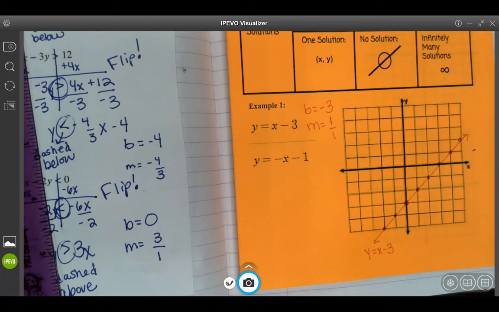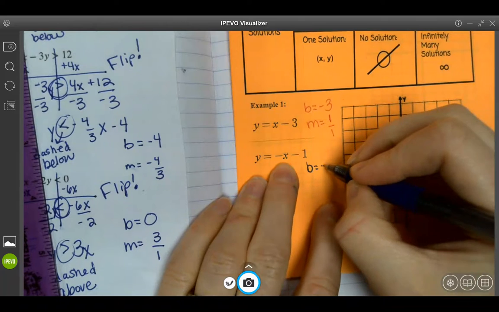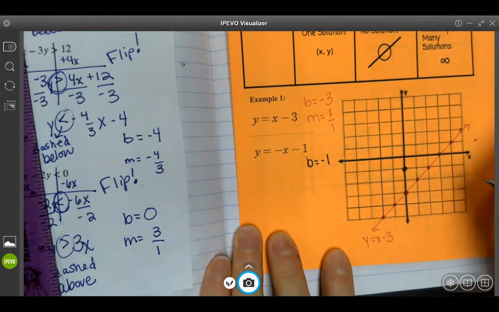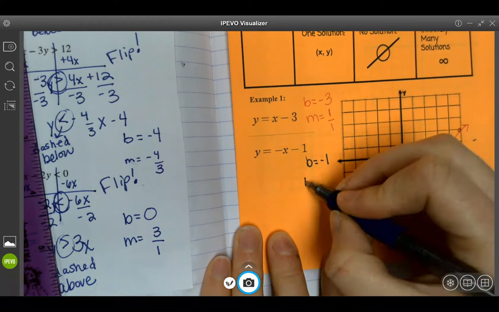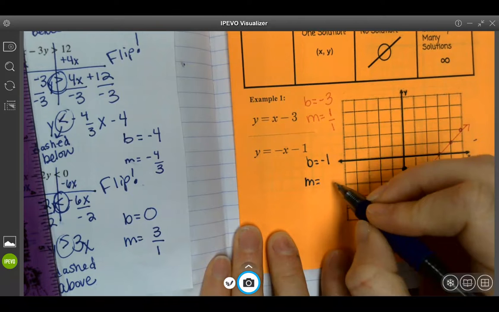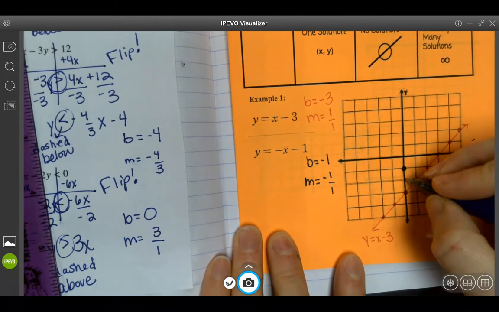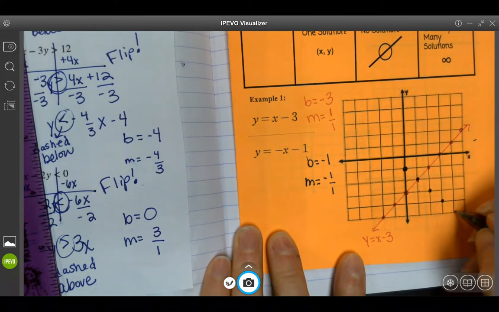So I'm going to go to the next one. y equals negative x minus 1. So we start with our b. b is negative 1. So we're going to start with negative 1. Plot your y-intercept. And our m, it says negative x, so it's going to be negative 1 over 1. So down 1, right 1. Down 1, right 1. Keep on going.